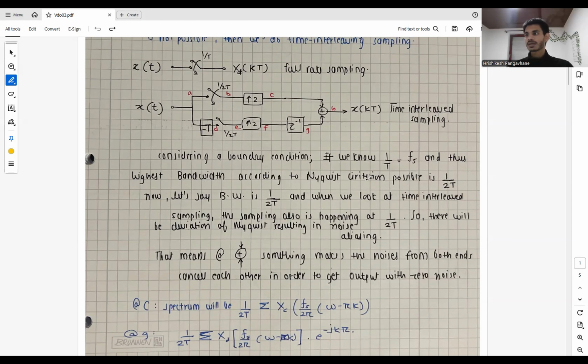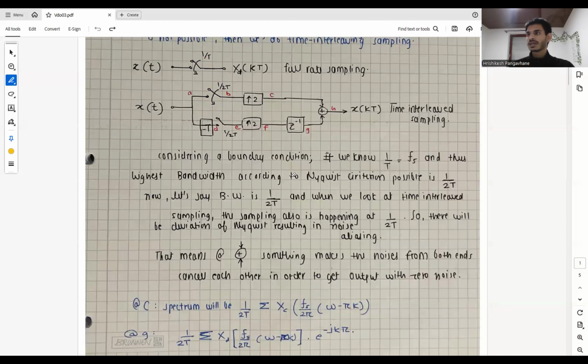When we look at the time interleaved sampling, the sampling is also happening at 1 by 2t, because we already said that 1 by t is too high, so we use lower rate samplers. This deviates from Nyquist, which results in noise aliasing, because we know that if we deviate from the Nyquist theorem, noise will be aliased.